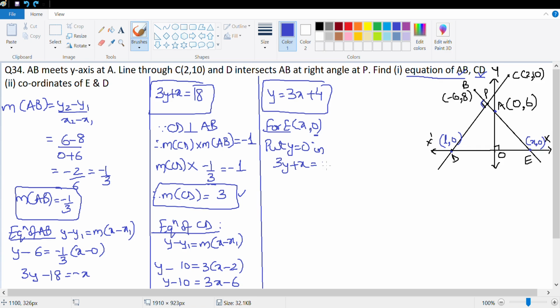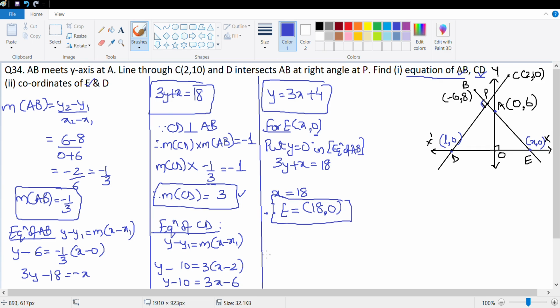So with y as 0, x is equal to 18. Therefore, point E is (18, 0). Done. So we figured out the coordinates of E.